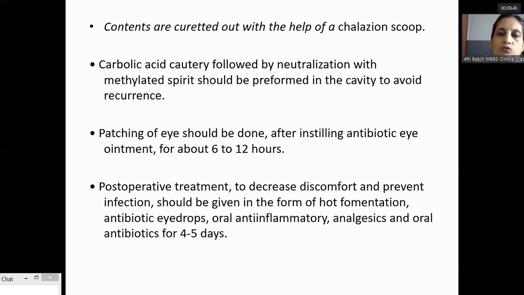Patching of the eye should be done after instilling antibiotic eye ointment for about 6 to 12 hours. Post-operative treatment to decrease discomfort and prevent infection should be given in the form of hot fomentations, antibiotic eye drops, oral anti-inflammatory analgesics, and oral antibiotic for 4 to 5 days.